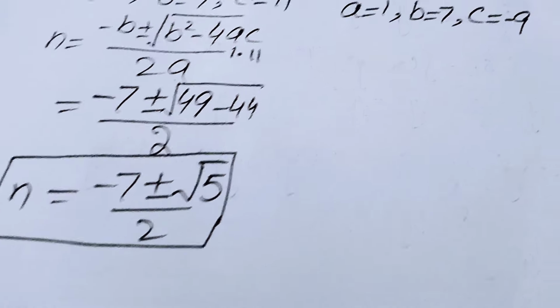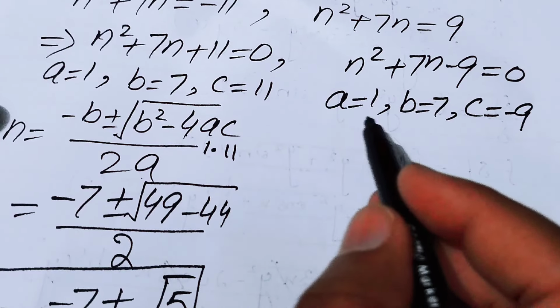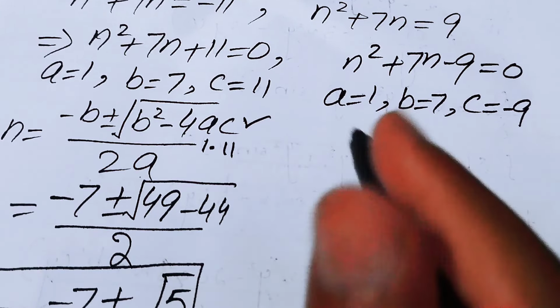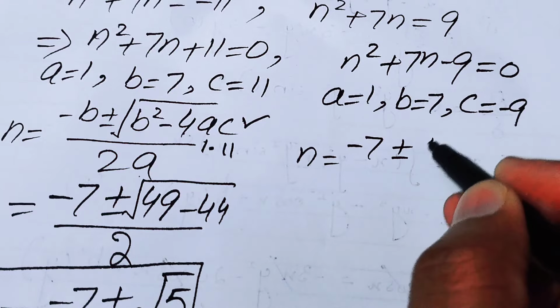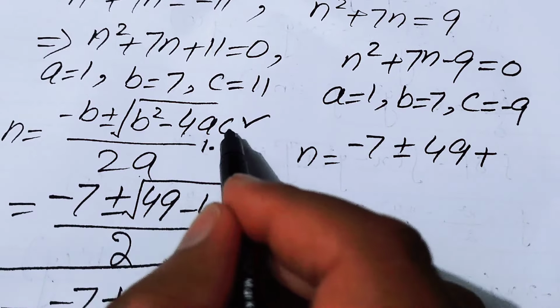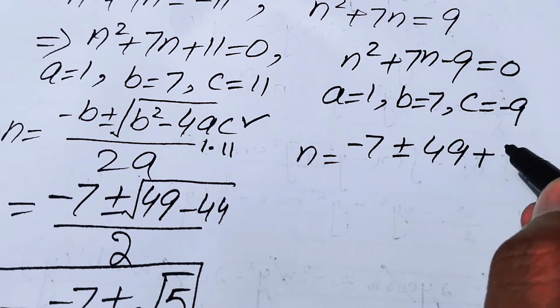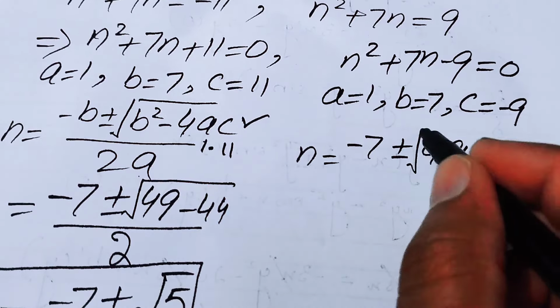So now in order to find the other roots we will solve this case here, and now we again put the values of a, b and c in this quadratic formula, and you get n is equal to, here you have 7 and we have minus b, so you get minus 7 plus minus square root of 49 plus 4 times a and c, the value of a is 1, the value of c in this case is minus 9, so this minus and minus will become plus, and 4 times 9 is 36, square root and whole over 2.